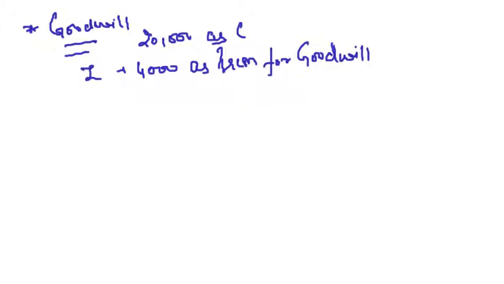One important point here, friends, that requires attention in method 1 as well as method 2, related to goodwill. Now I say this new partner was to bring 4,000 as premium for goodwill, and he is bringing rupees 20,000 as capital for 1/4 share.